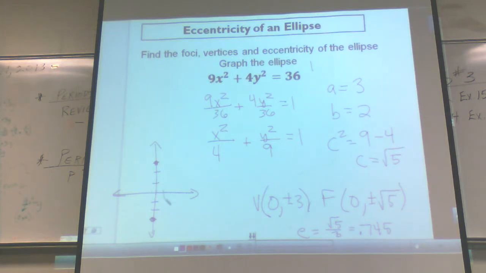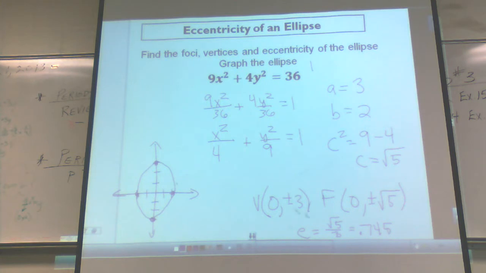The other 2, which they don't consider vertices in terms of the problems we've been doing, are positive B and negative B. So if our B is 2, that's a positive 2, negative 2. And then you just connect them in some kind of circular fashion.